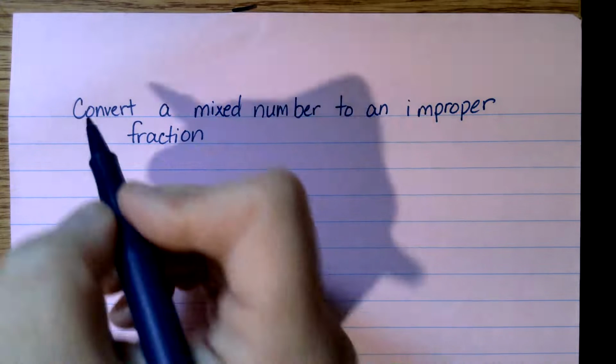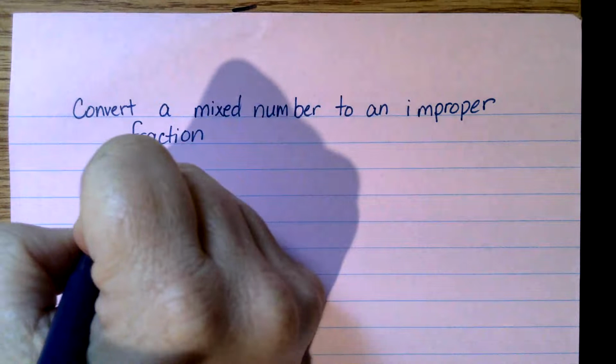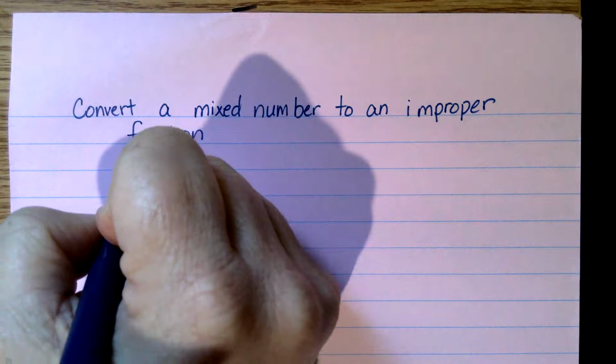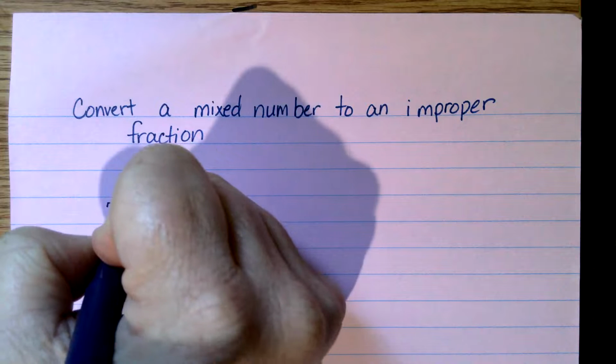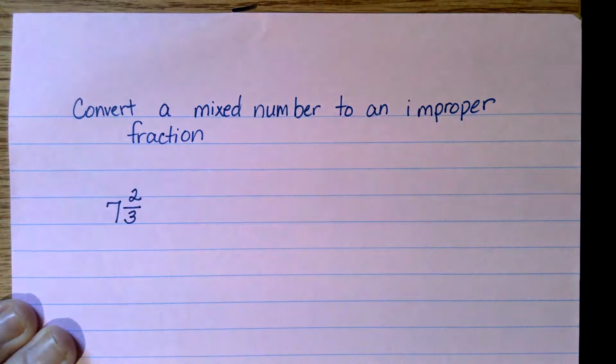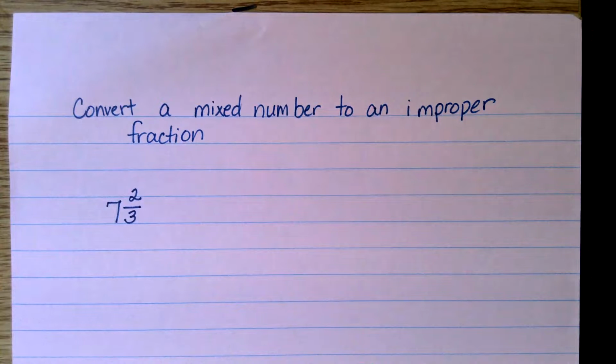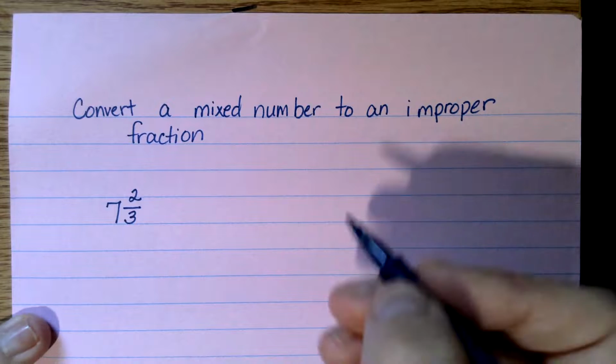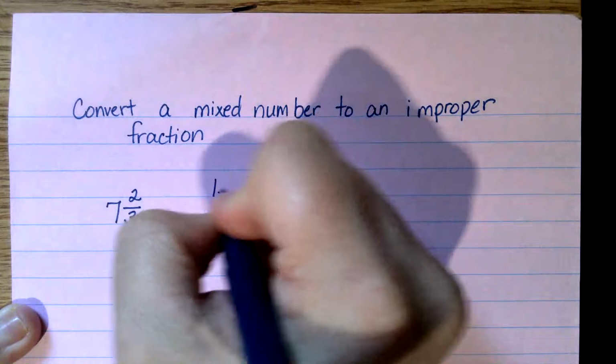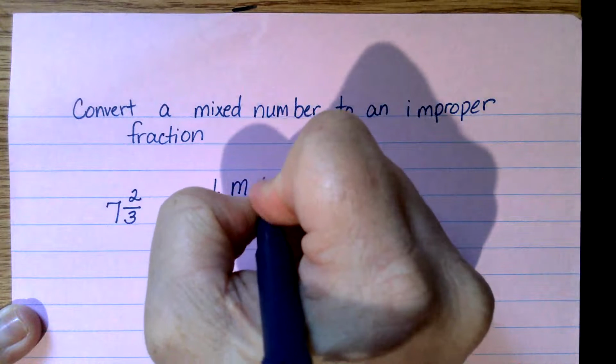So when you're given something like, let's say, 7 and 2/3, the first thing that we're going to do is multiply our whole number times our denominator. So step 1 is to multiply the whole number by the denominator.